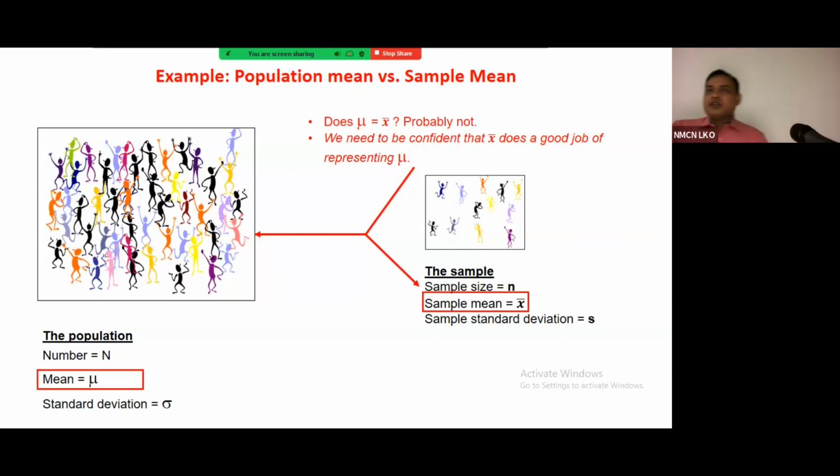It means that during the process of sampling technique, we are committing some kind of errors, due to which we are not able to make the statement that the population mean is equal to the sample mean.